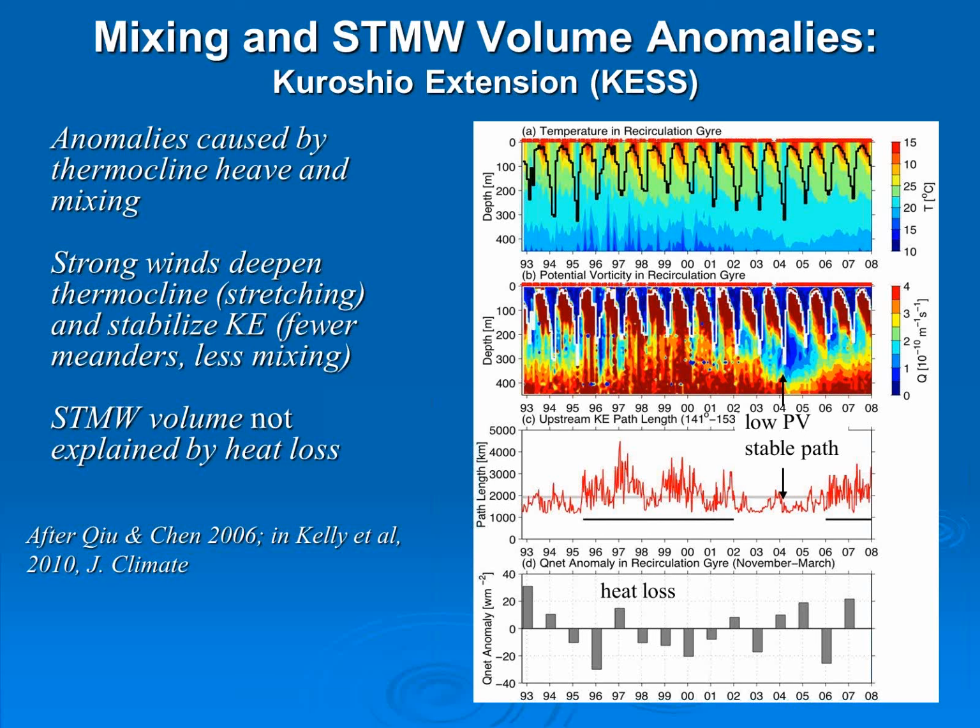When the spatial extension is stable, the path is shorter, so you have less mixing and low PV, and then you have more water formed. And during the period when the spatial extension is unstable, you have longer paths, high PV, more mixing, and low formation of the mode water. Also, they found that the subtropical water in the North Pacific is not related to the heat loss. That's kind of surprising.